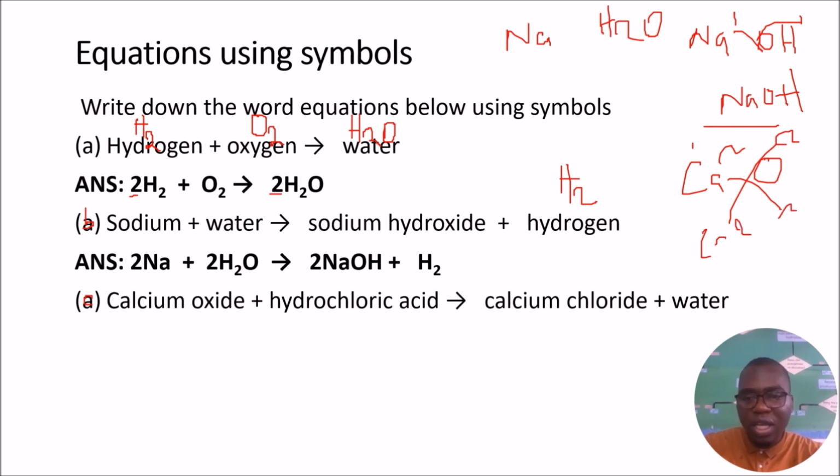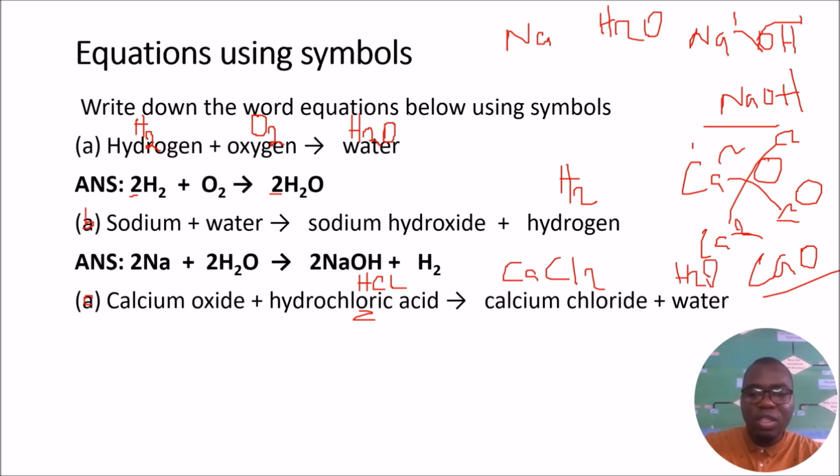So this is Ca, and then this is O. The 2 and 2 will cancel. As a result, the formula will be just CaO. This one is our calcium oxide. So you found the formula. Then hydrochloric acid, by now everyone should know it. It's HCl. Then calcium chloride, again it's CaCl2. Then water is H2O.